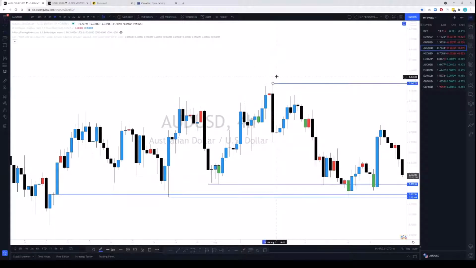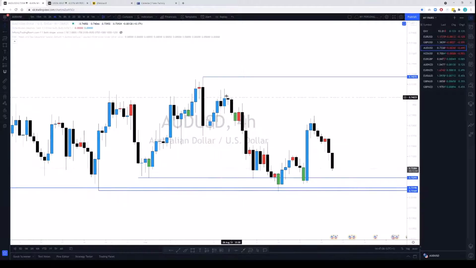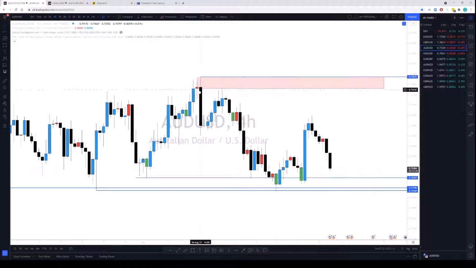So what's going to be above that high? Stops. We have this short-term high right here. Do we have an order block above it? Yes, this one. So what's going to happen when price gets back up here? It's going to run this high and then drop.